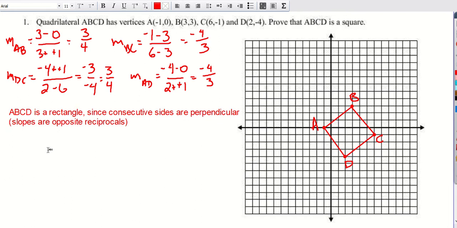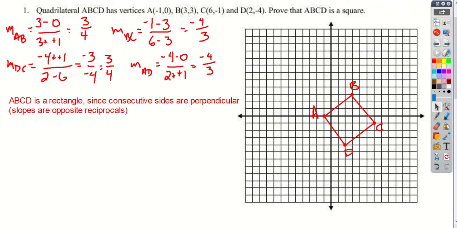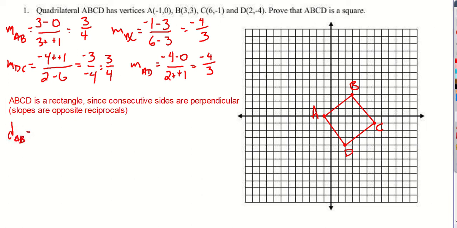Now we have to show that it's a square. So we have to show that two sides are the same length. We're just going to pick AB and BC. We'll do the distance formula for one and the Pythagorean theorem for the other. So for the distance of AB, that's x2 minus x1: 3 minus -1, which is 3 plus 1, squared, plus y2, which is 3, minus y1, which is 0, squared.